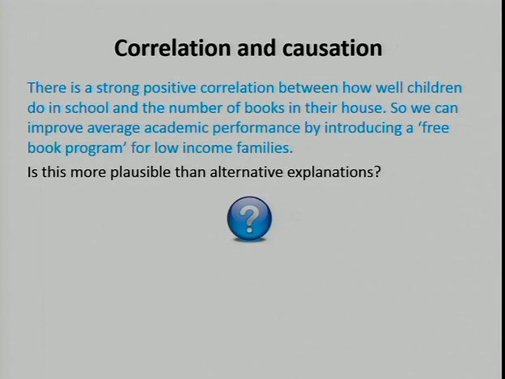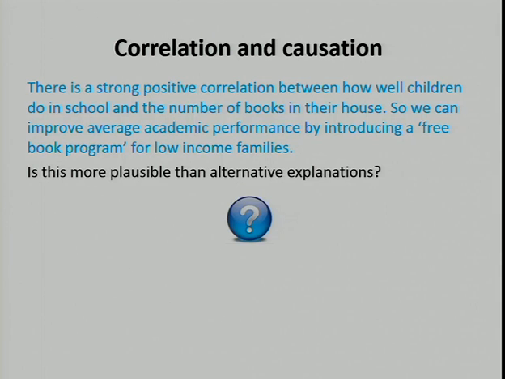What else could you think? What else might explain that type of correlation that would not fit with that causal claim? Yeah. There might be a third factor. Third factor, common cause: something else is causing both of these things to happen.